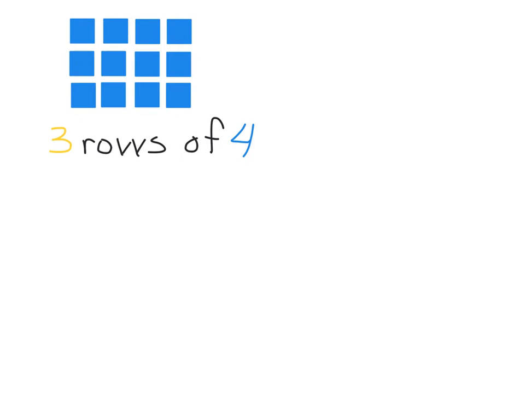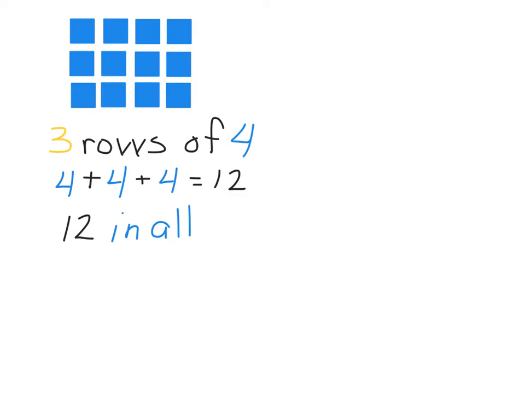There are 4 here, 4 here, and 4 here. So to find the total amount of objects or squares in this array, we can simply do 4 plus 4 plus 4. And that would equal 4, 8, 12. So there are 12 in all.